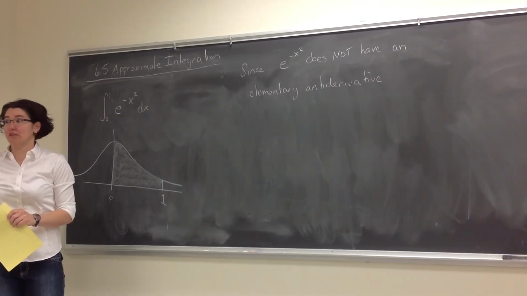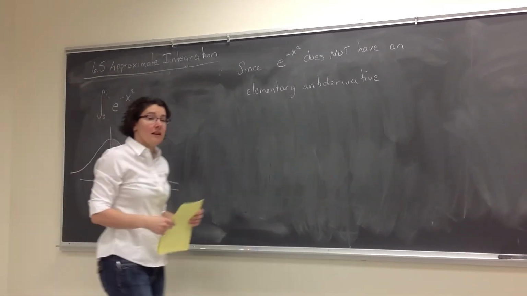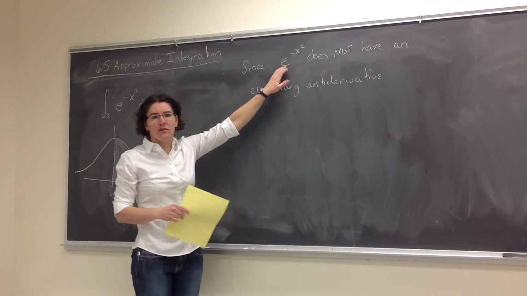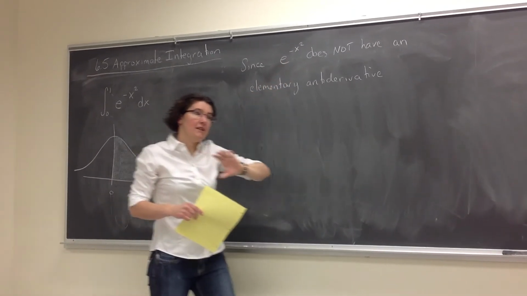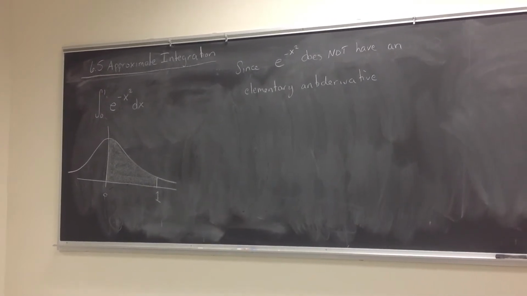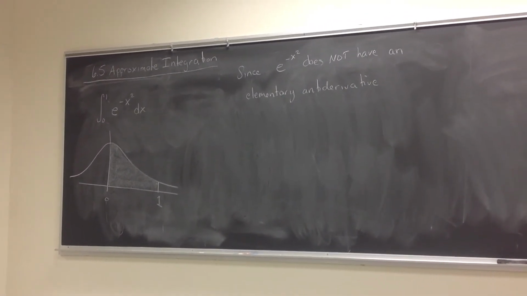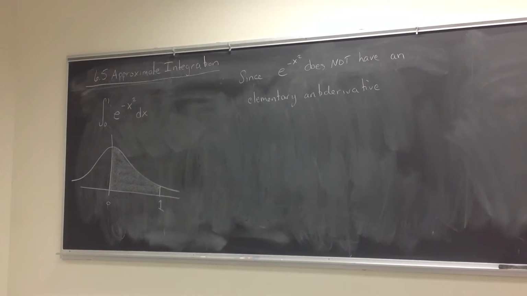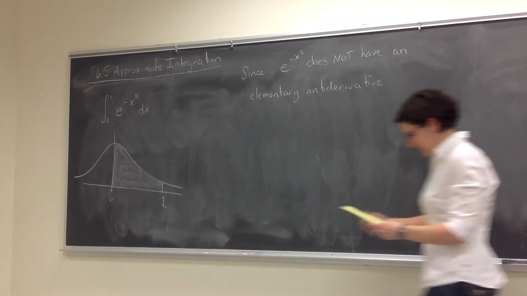One just doesn't exist. There is, and we'll talk about it later in the semester, a way that you can write this as an infinite sum of terms, but that's not elementary because it goes on forever and ever. That's fine, but that's not going to work for us here.